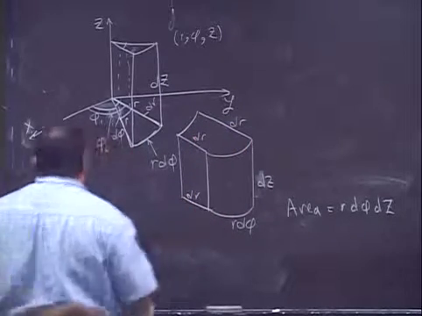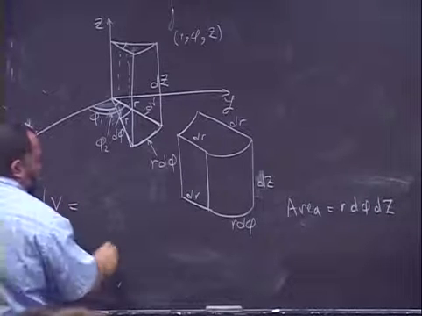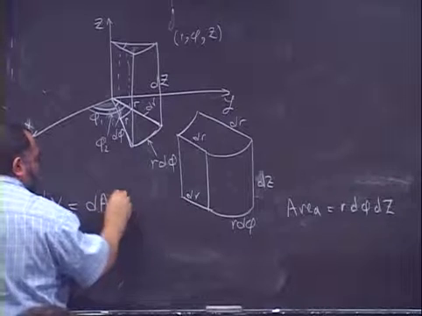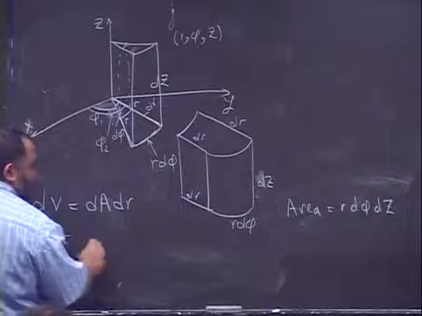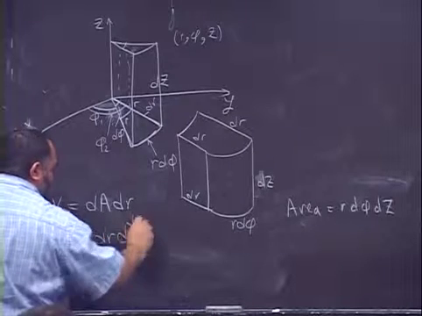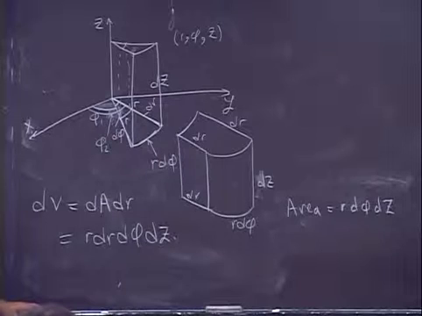So the volume in the cylindrical geometry will be what? Will be delta A multiplied by delta r, and this will be r delta r d phi dz. Okay, guys? Did you understand how to get a unit volume?